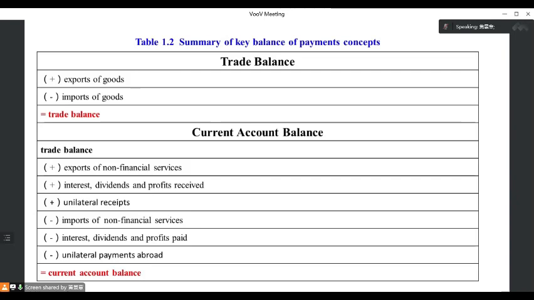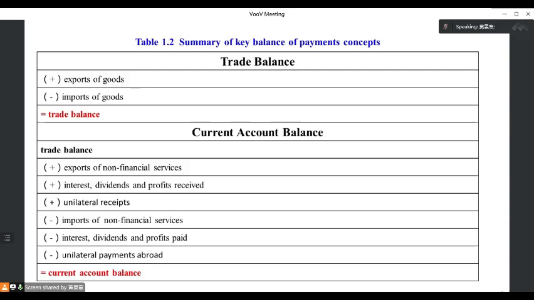When country A imports goods from country B, in country A's account we should minus the number of imports.